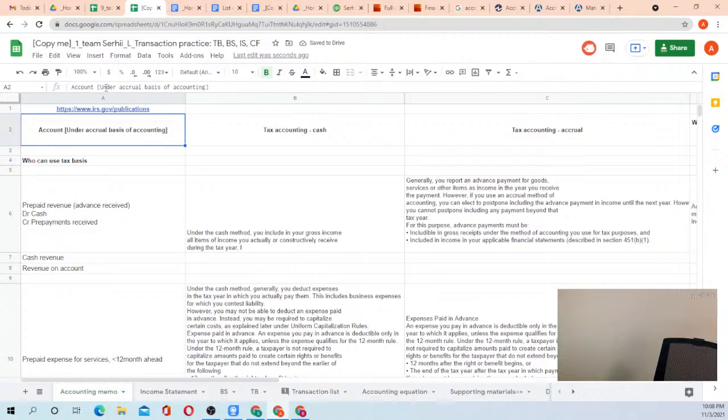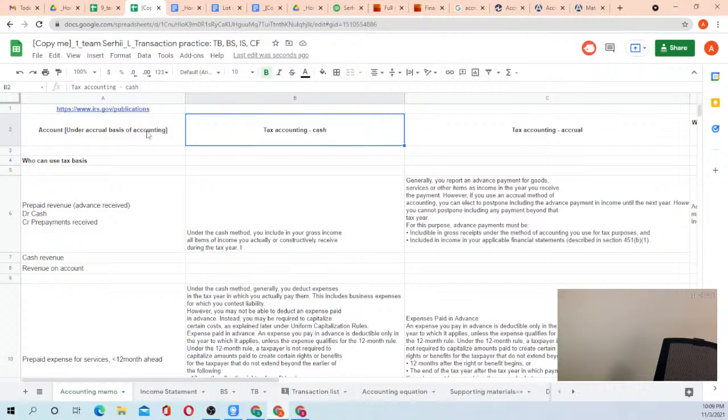So here we will look into accrual basis of accounting, and we will describe the transaction here. For example, we have a prepaid revenue. Someone has sent us a prepayment. Debit cash, credit prepayments receipt.